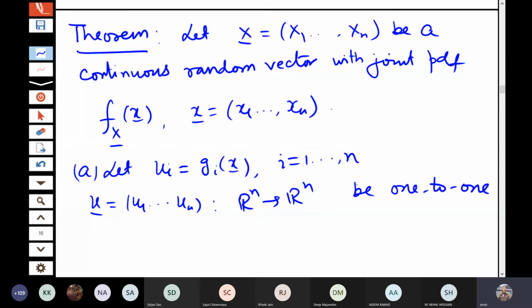If there is a 1 to 1 function, then inverses will exist. Let Xi equal hi of U, i equals 1 to n.